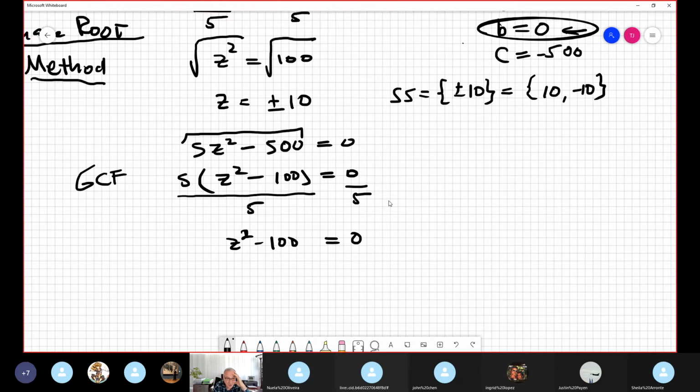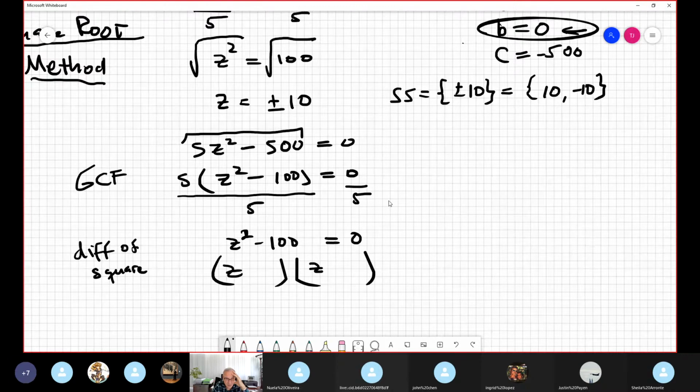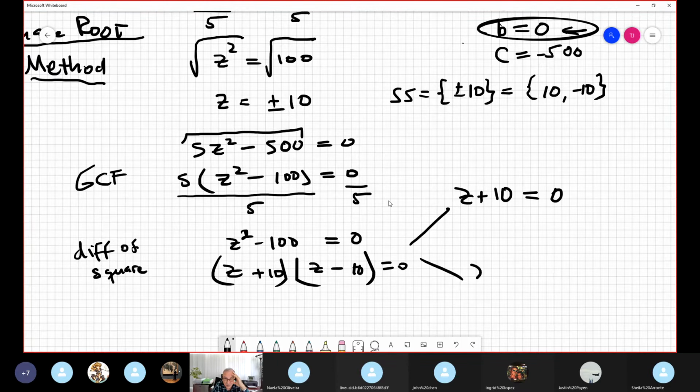Now you apply the difference of squares. Open two parentheses, c, 10, because the square root of 100 is 10, plus or minus. You separate into two linear equations. The first one is c plus 10, the second is c minus 10.